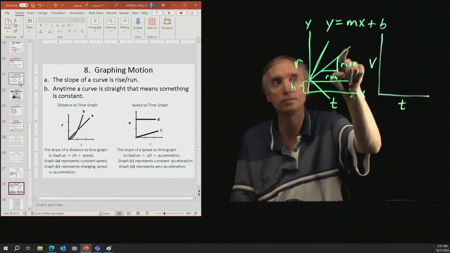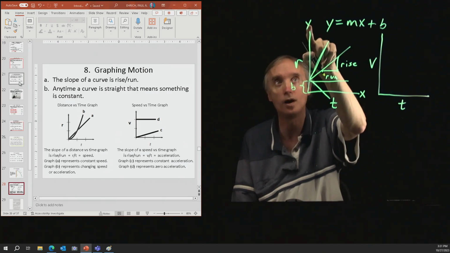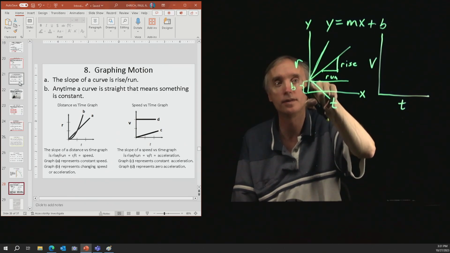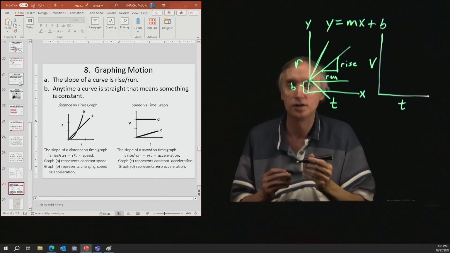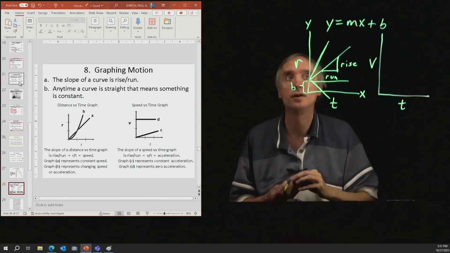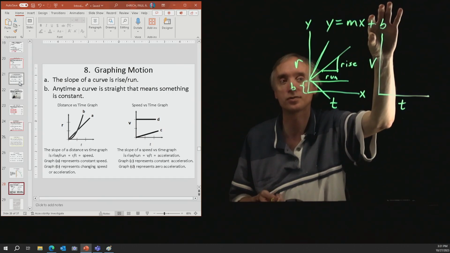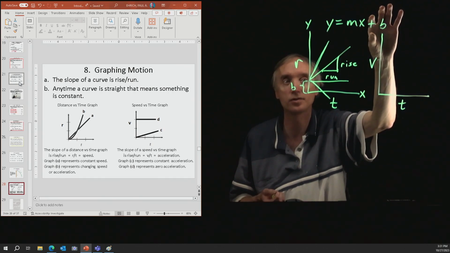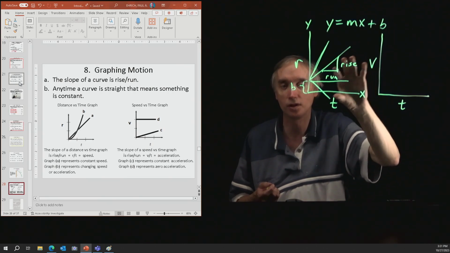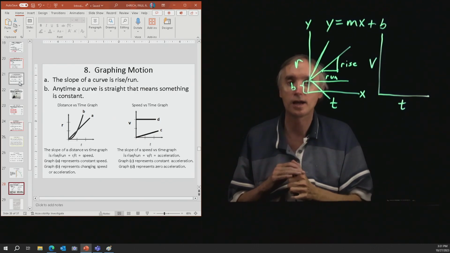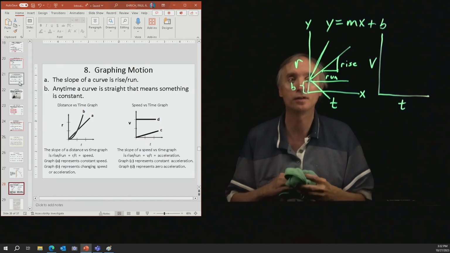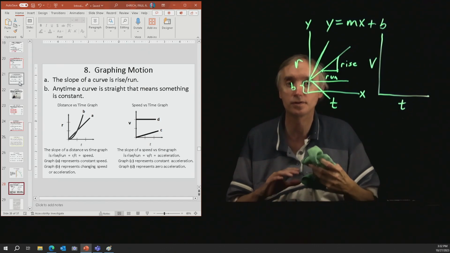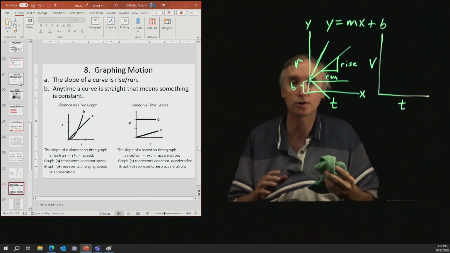Wherever the line intersects the y-axis, that is going to be the intercept. So it's important that you understand the formula for a straight line and also the formula for the slope of a line.